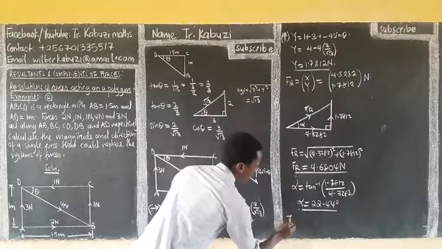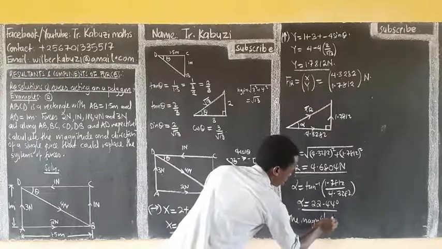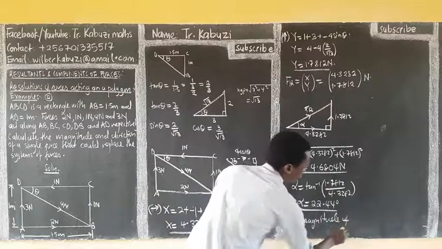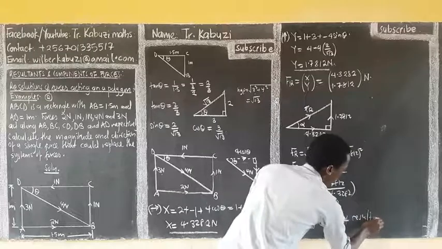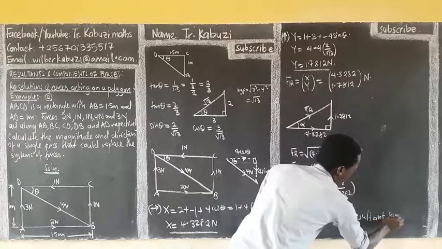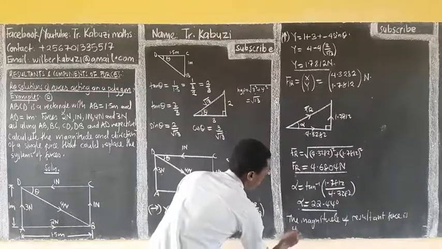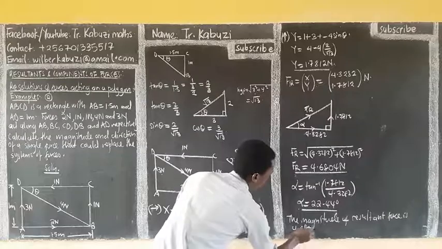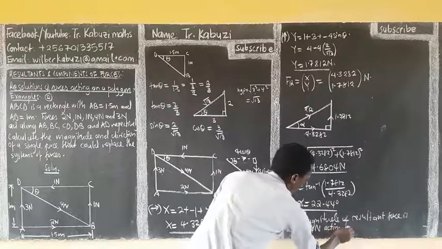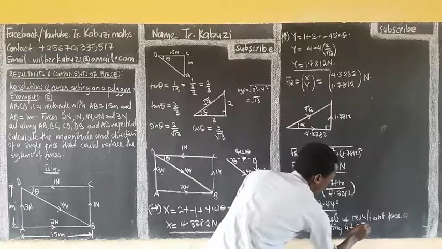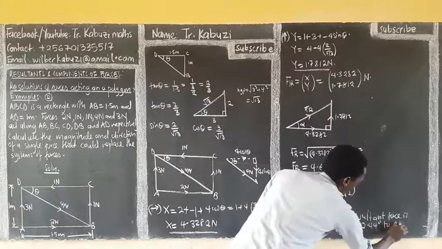So you see here, the magnitude of the resultant force is 4.6804 newtons acting at 22.44 degrees to AB.